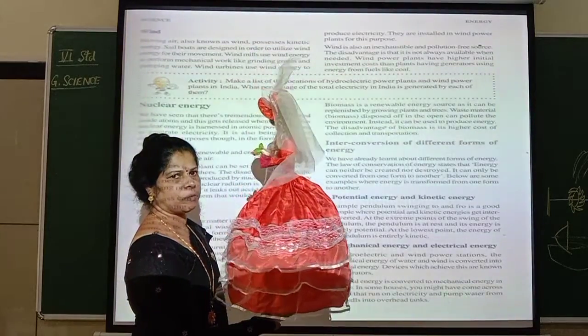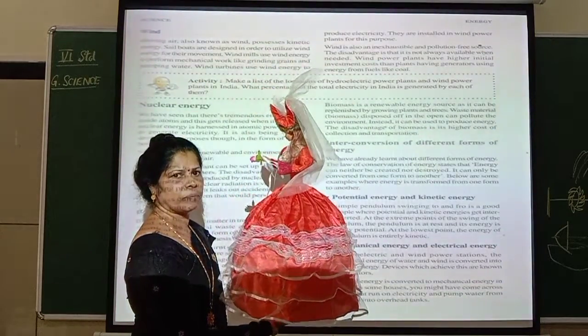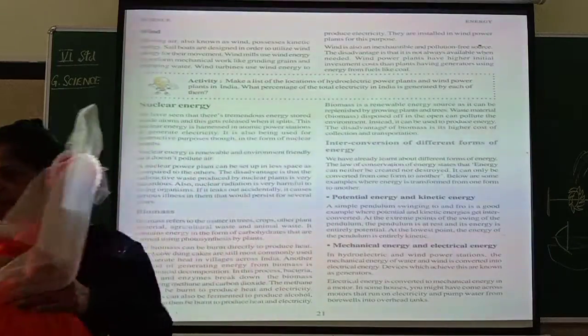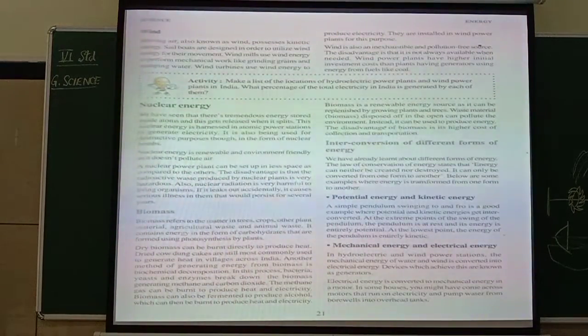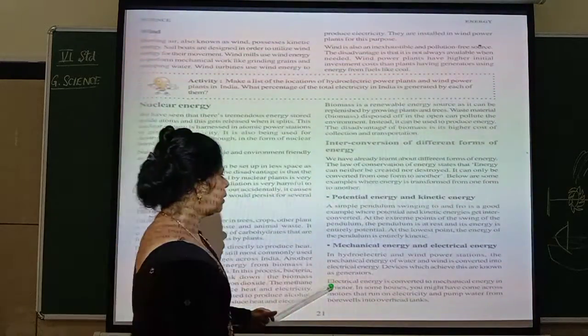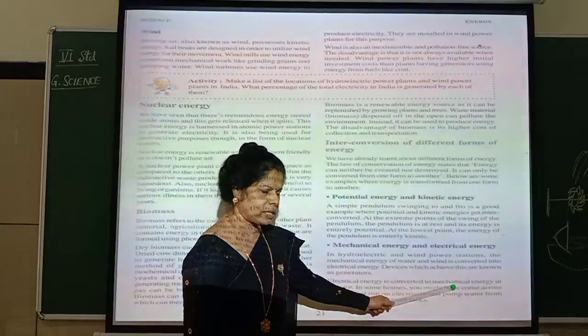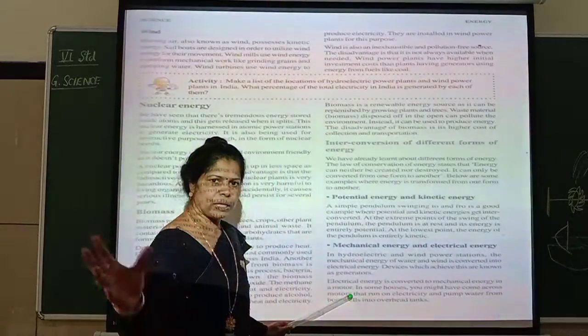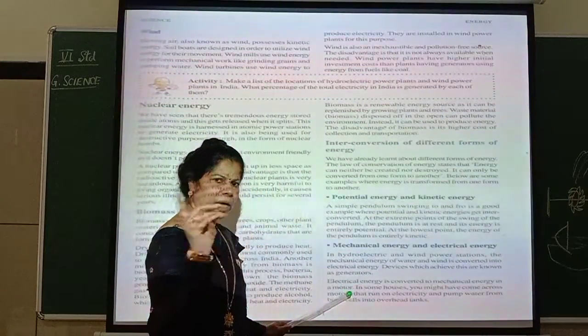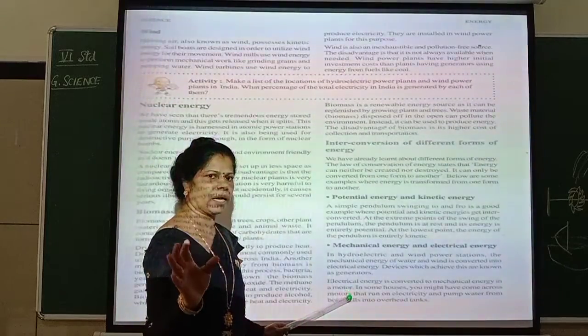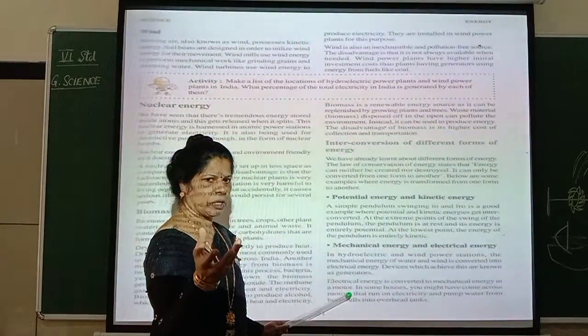So just with the help of the motor, what happens? You can see it is moving. Understood? Like that, you see. Yes. So you can see here, electrical energy is converted to mechanical energy in a motor. How have I seen the doll, no? But there is no electrical energy, it's just mechanical energy with a normal motor.